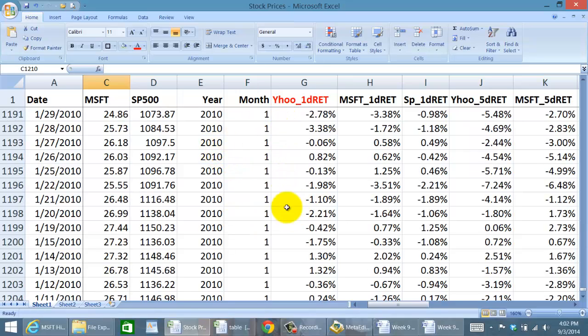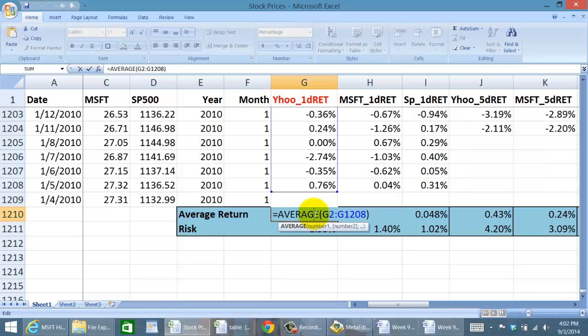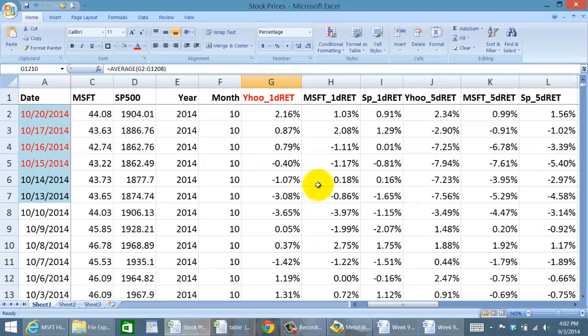Now, how can we do it? You are very welcome to calculate the average return year by year. It is how we started, right? We start by calculating the return for the whole period, so now you have to calculate return year by year. How to do it? Very simple, but of course it's lengthy.